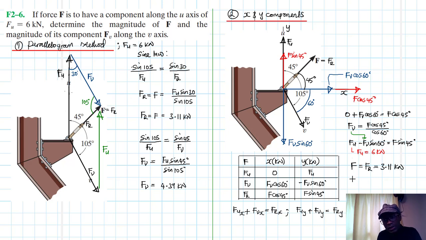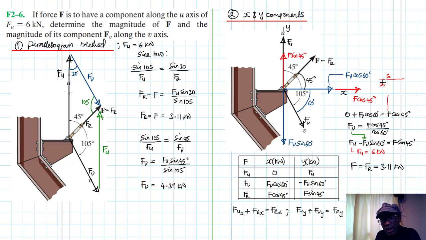Alright, so with this information we plug in. I'm plugging in the full answer here. I'm plugging in 6 divided by, because I have it on my calculator here, I don't want to plug in the rounded off value.